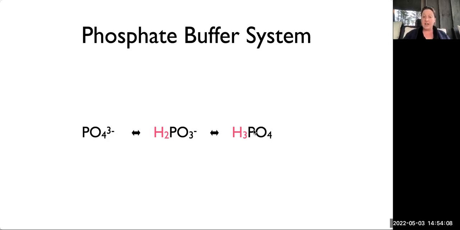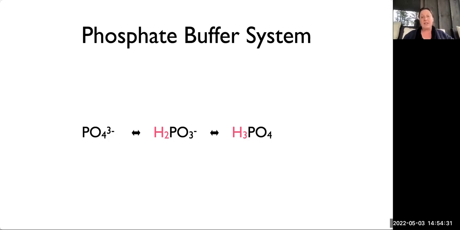And if there aren't enough, then the reaction moves in the other direction to free up those protons and put them into solution. So all of these chemical buffers act immediately. As soon as the change in protons happens, the equations move one way or the other and get us back to balance.